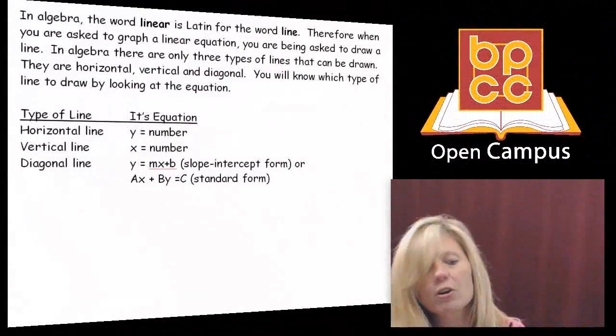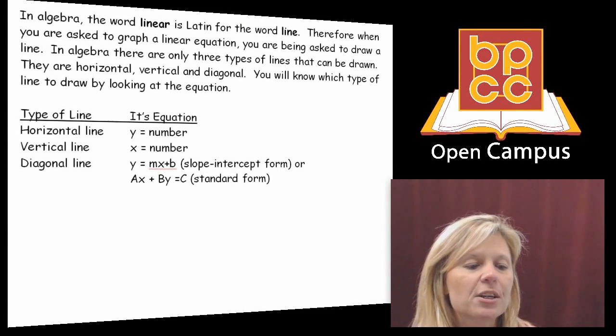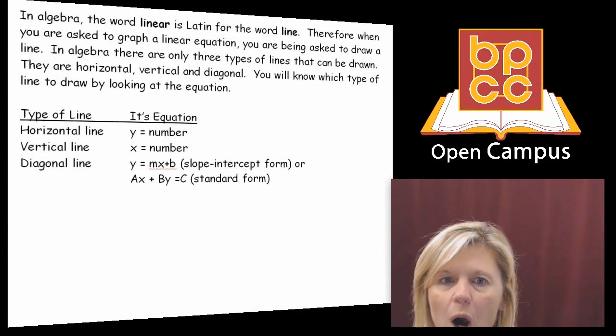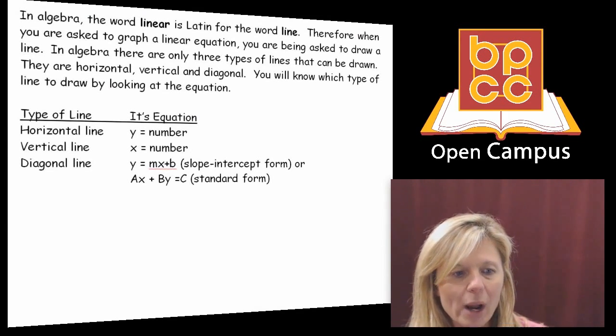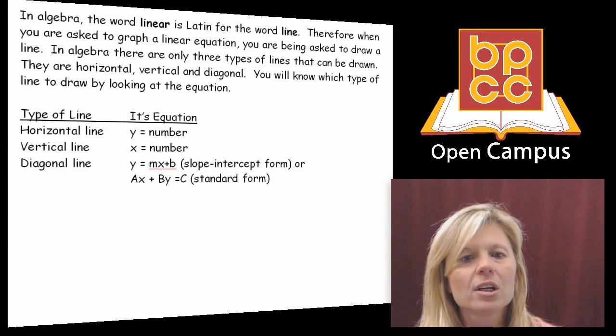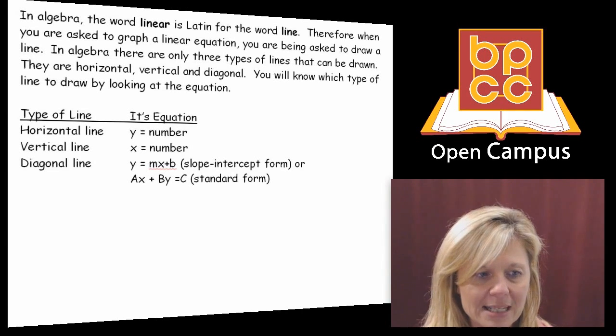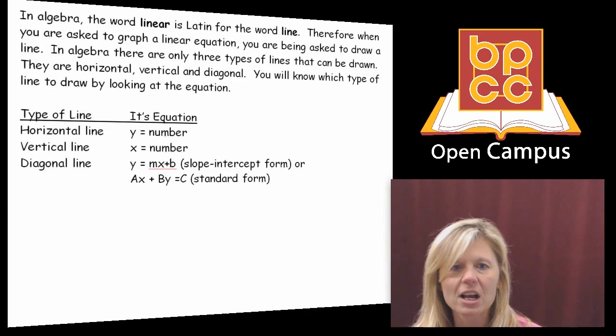So the first thing you're going to need to do is memorize some facts. And it's very simple. The first fact is you always know what you're going to draw by looking at the equation. The equation is going to tell you whether the line is only going to touch the x-axis, the y-axis, or both axes. So if you look here at the notes, you will know you're drawing a horizontal line because it just has the letter y in it.